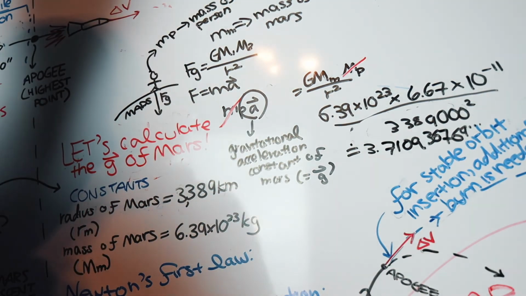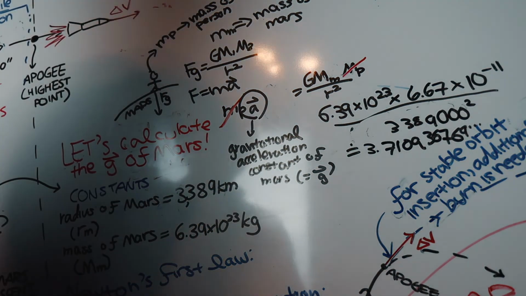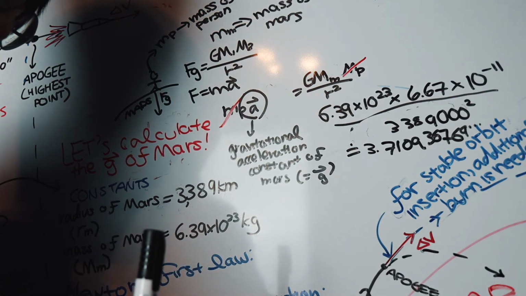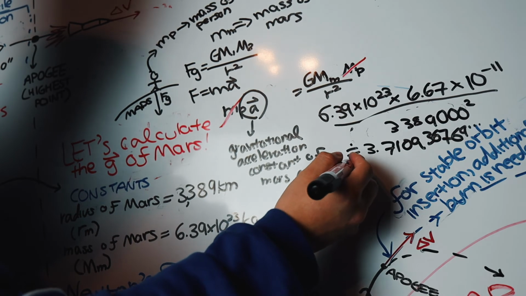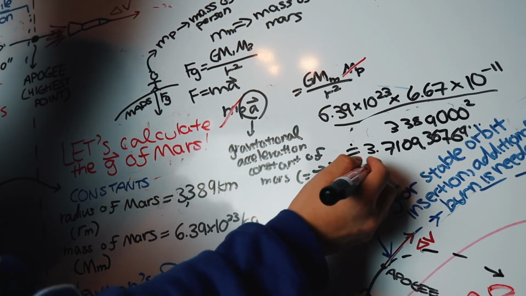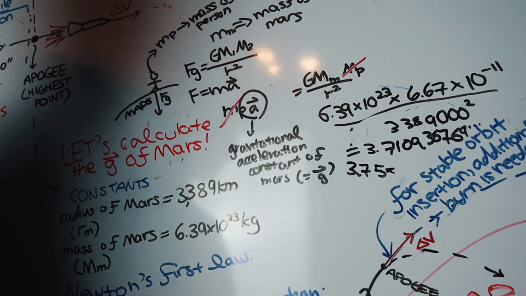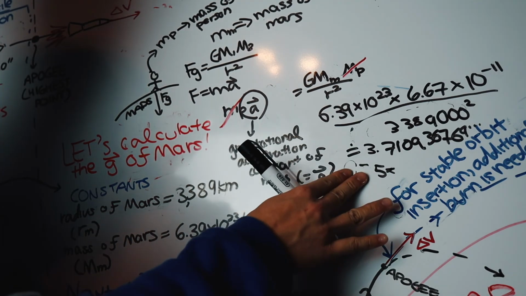There you go. We got the value of the gravitational acceleration on the surface of Mars. Google tells me the value should be 3.754, which is pretty close to the value we got. So this proves that the equation works.